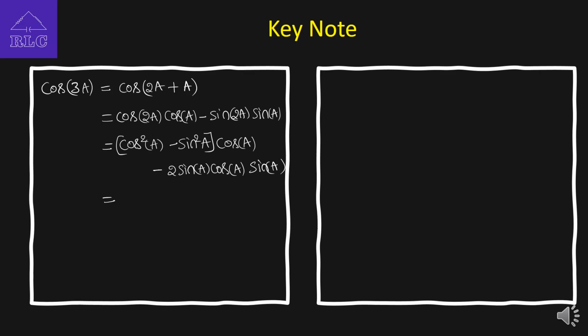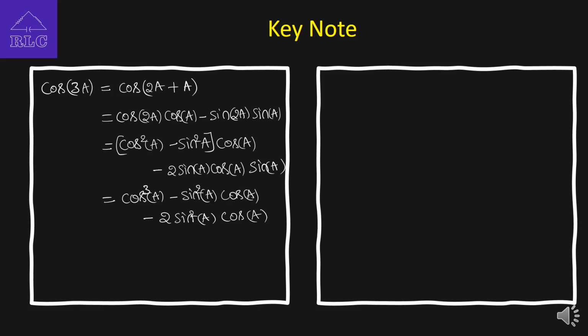So just multiply it, how much you get? Cos cube a minus sin square a cos a, next, minus 2 sin square a into cos a.